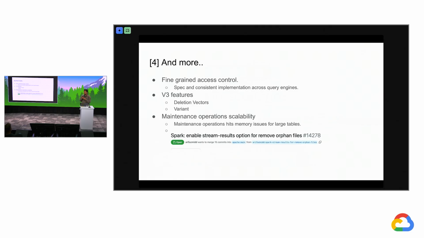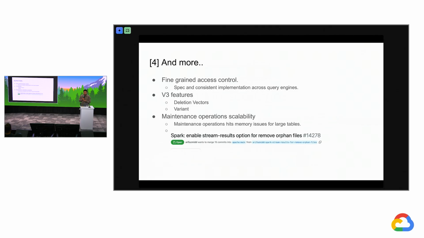Without it, we will need to store it as string, and then the downstreams are accessing it as string, and that's not as performant, based on our testing. With variant, it is better, so that is the reason. And deletion vector, the binary deletion vector, is useful when there are a lot of updates happening to the table.